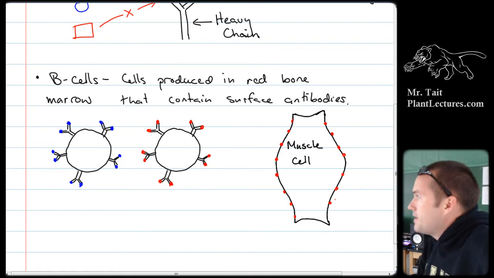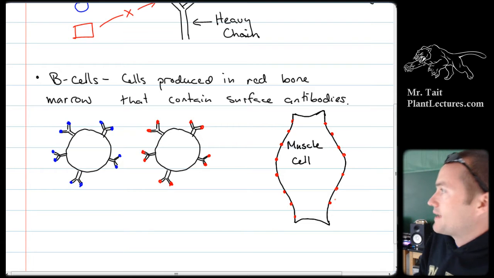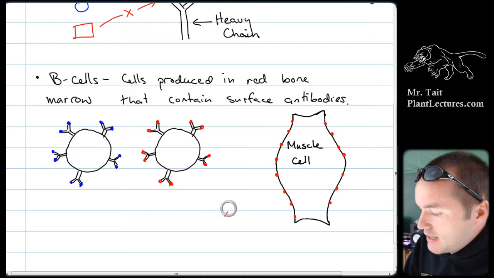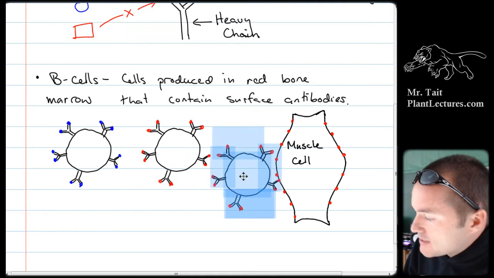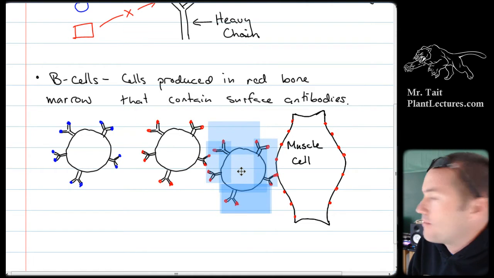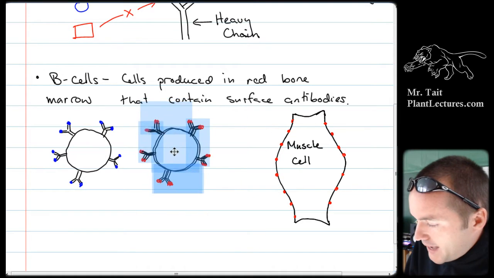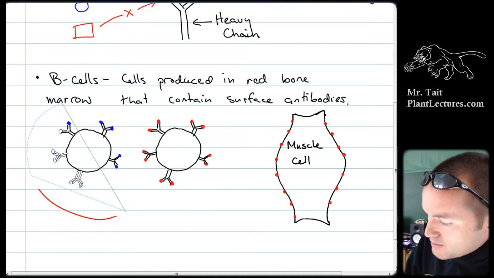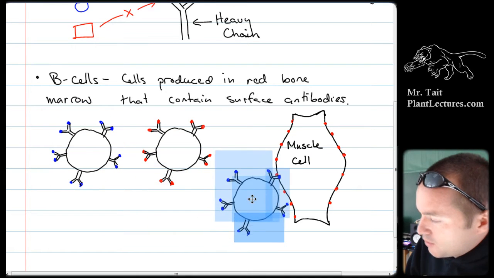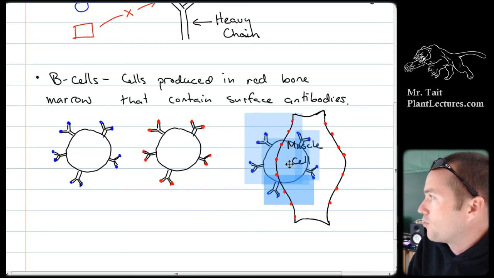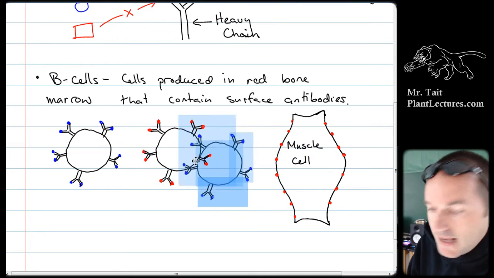That means that B cell number 1 that contains the red antigen binding sites, if it were to come into contact with this muscle cell, it would identify the muscle cell as a pathogen. Is that good? No, that's bad. But this one over here that has the blue ones can bounce off of here, and blue does not interface with red, and therefore will not identify the muscle cell as a pathogen.